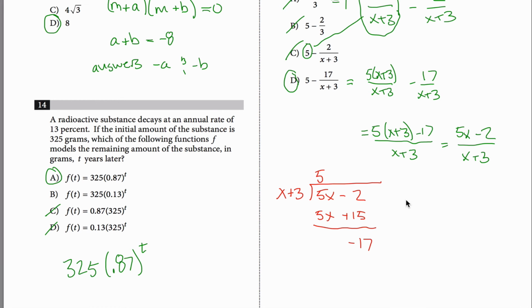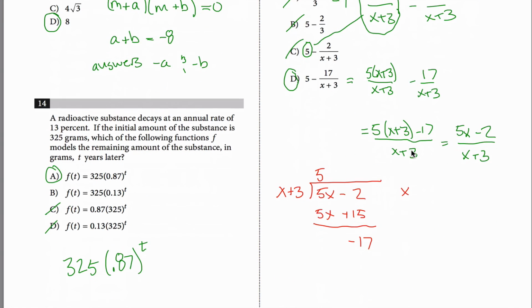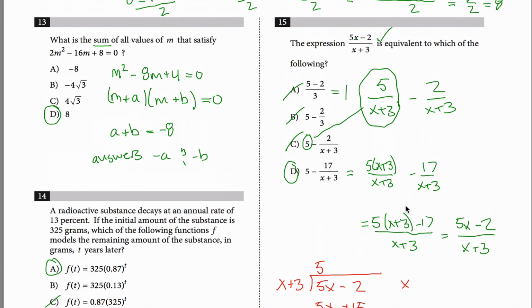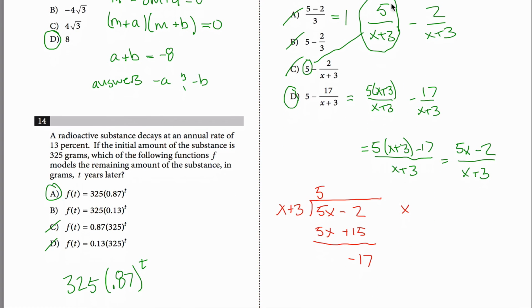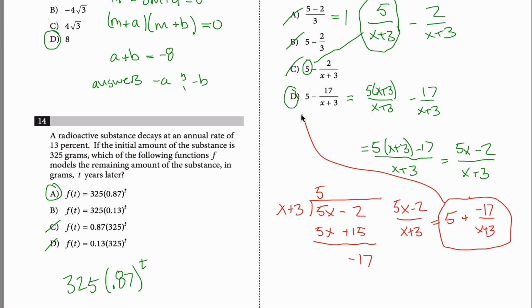So what that tells me is that 5x minus 2 over x plus 3 is equal to 5, that divided evenly, plus some number of remainders. How many remainders? Negative 17 of these x plus 3 things. And this right here, once again, is the same thing that is given to us up in part D here.